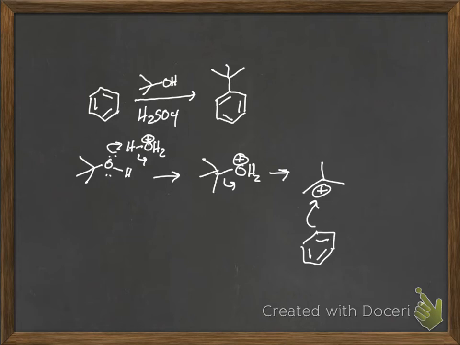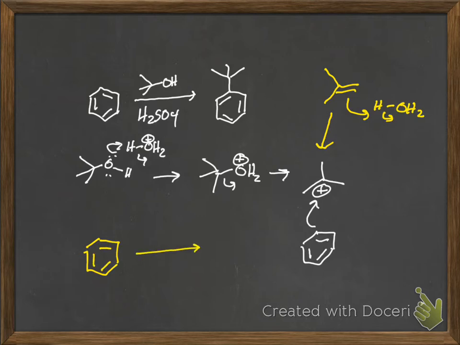Another option you could use is to take something like 2-propene and react it with sulfuric acid. And you would generate that T-butyl cation again. So in terms of a reaction, here's what it would look like, to get you to the T-butyl benzene.